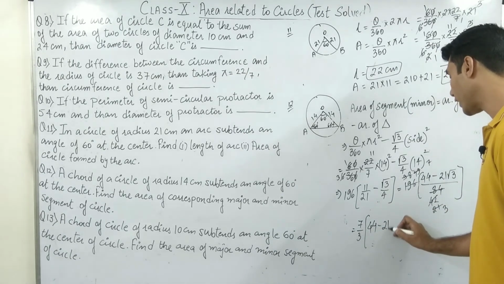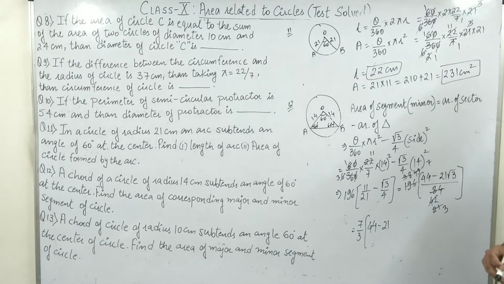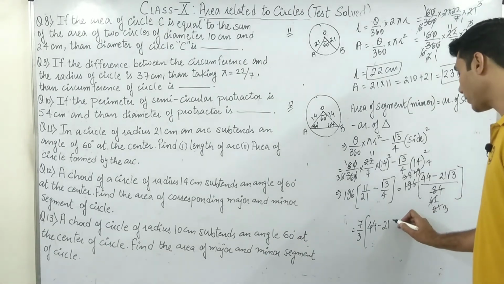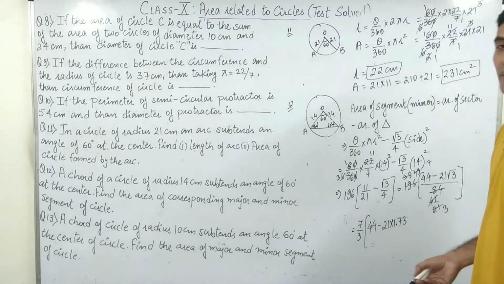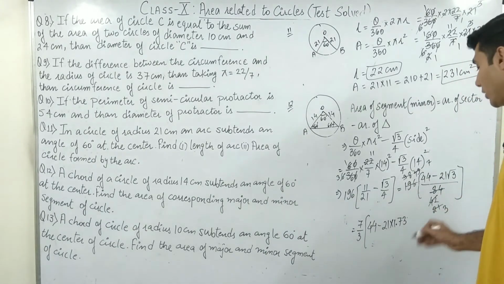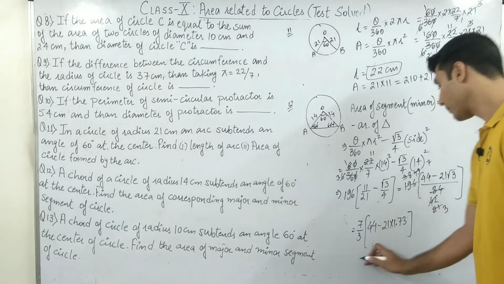Minus 21, and what is the value of √3? It is 1.732. You can take 1.73 or 1.732, whichever you like.